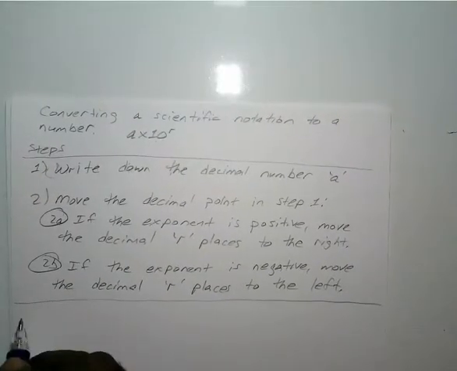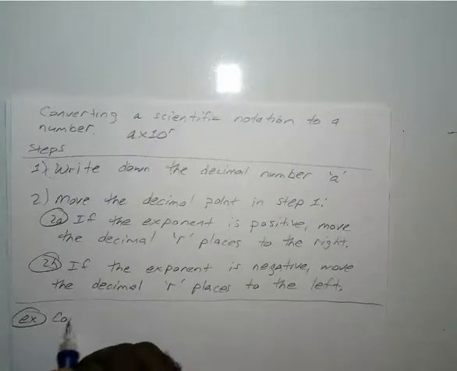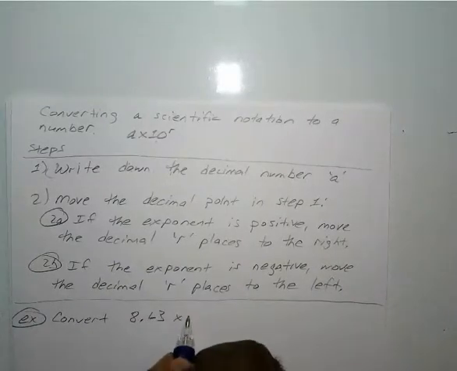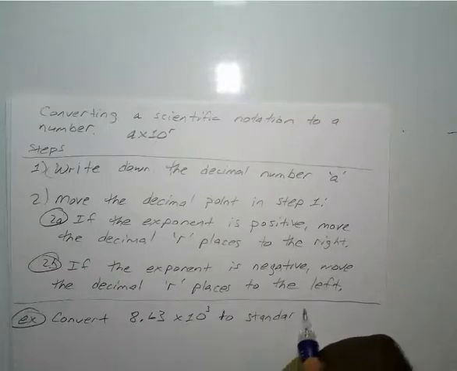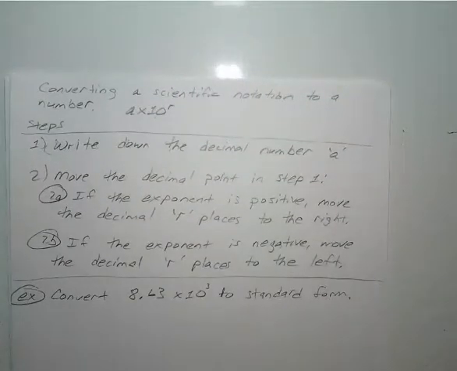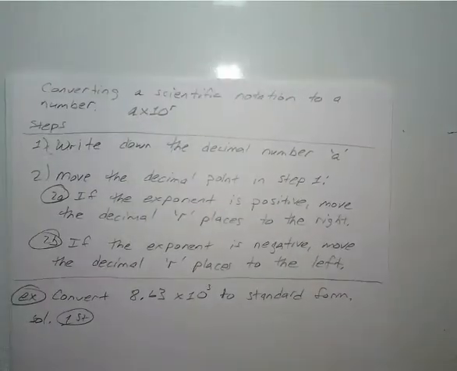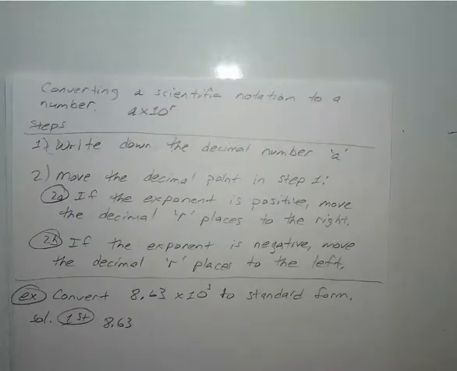All right, so let's say, for example, we wanted to convert 8.63 times 10 to the third power to standard form. Okay. Now, following the steps, we write down our decimal number, which is 8.63.